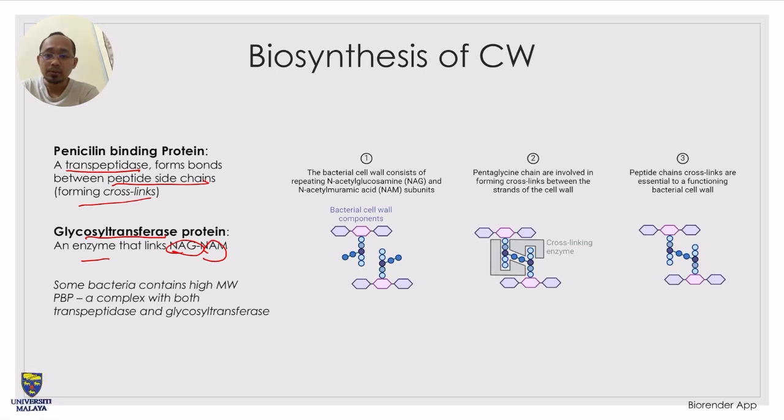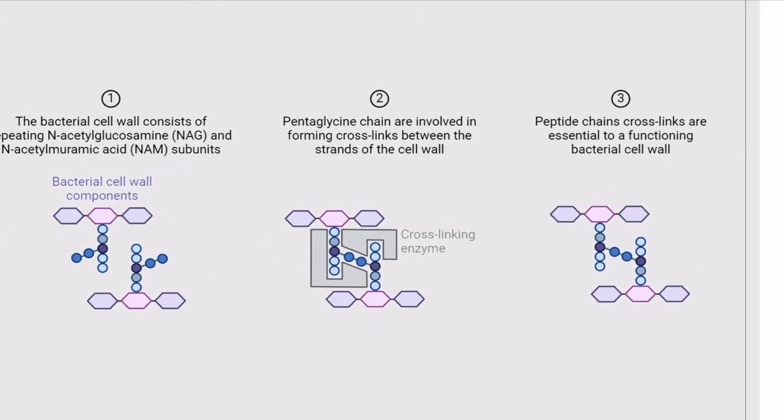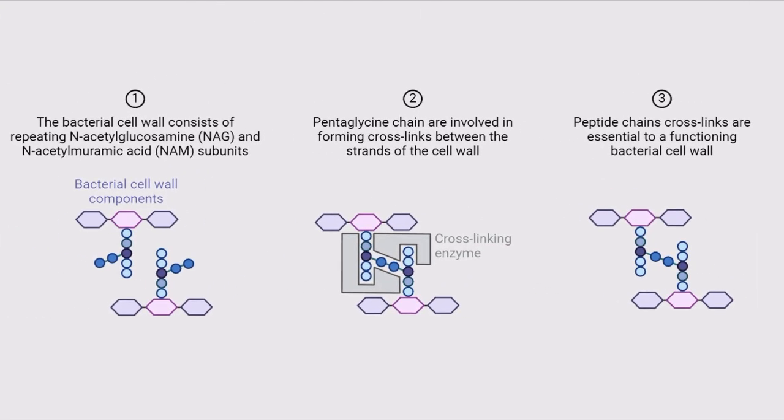Okay, so this is what I mean. Some bacteria contain high molecular weight PBPs, penicillin binding proteins, where the functions of PBP and GT are both present. Okay, and if you look at the image on the right hand side, this is generally how each peptidoglycan is linked. Imagine that this pink purple is your NAM, and then you have a side chain from the NAM over here.